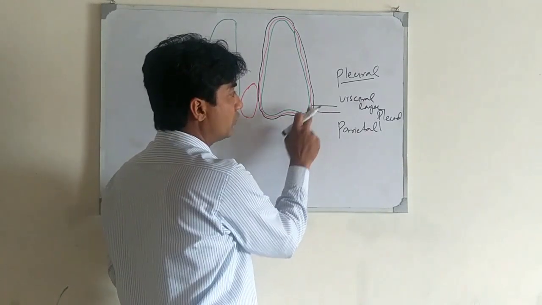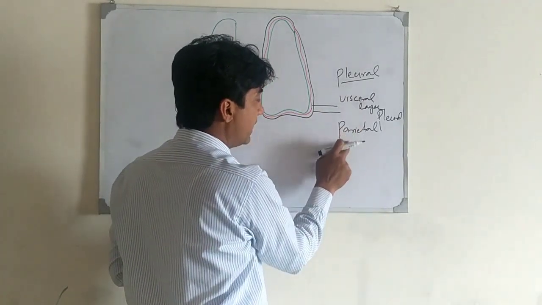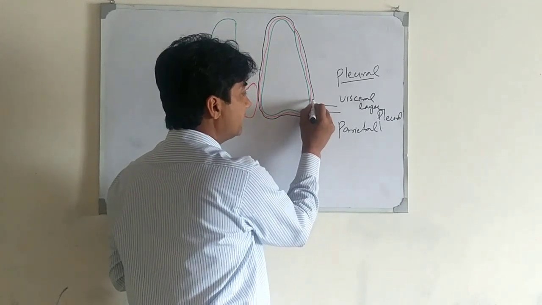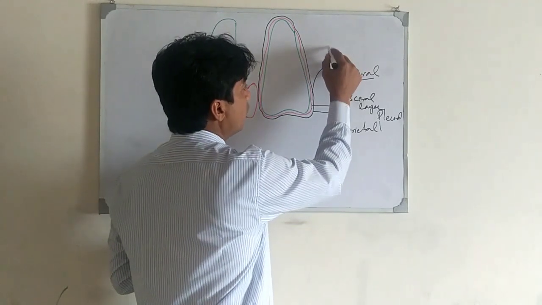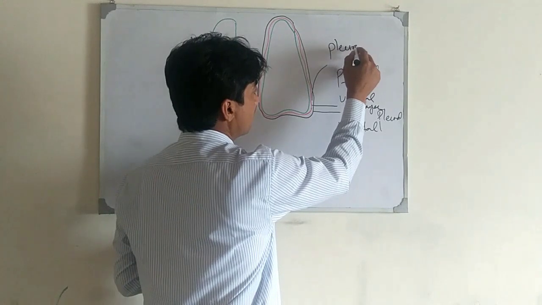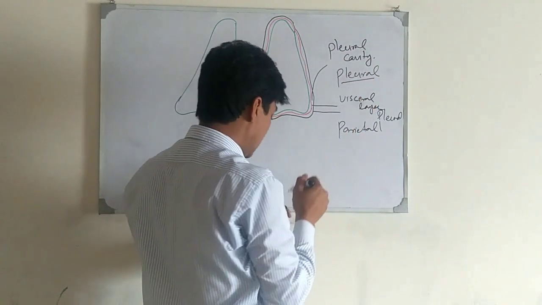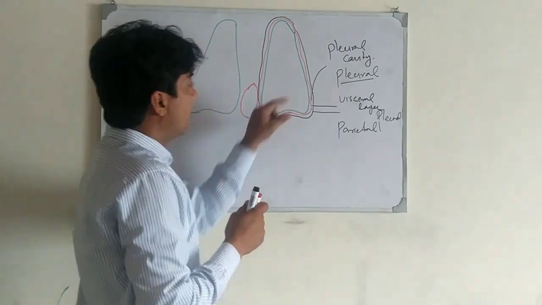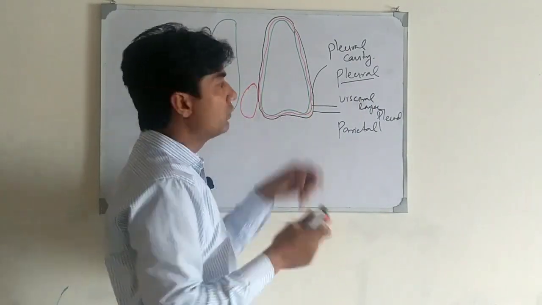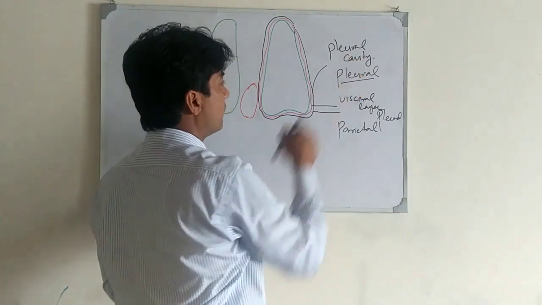Between these two pleural layers, visceral and parietal, there is a space, and this space is called the pleural cavity. This cavity is lubricated by a fluid, and that fluid is called pleural fluid.